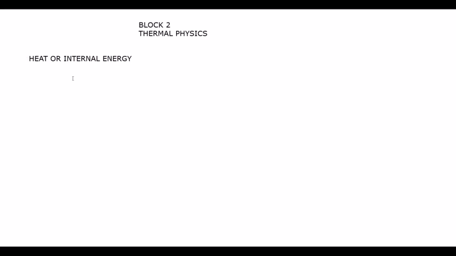Basically, heat or internal energy is the sum of kinetic and potential energy of molecules or particles. So when we add the kinetic energy and the potential energy of the particles, we call this heat energy or internal energy.